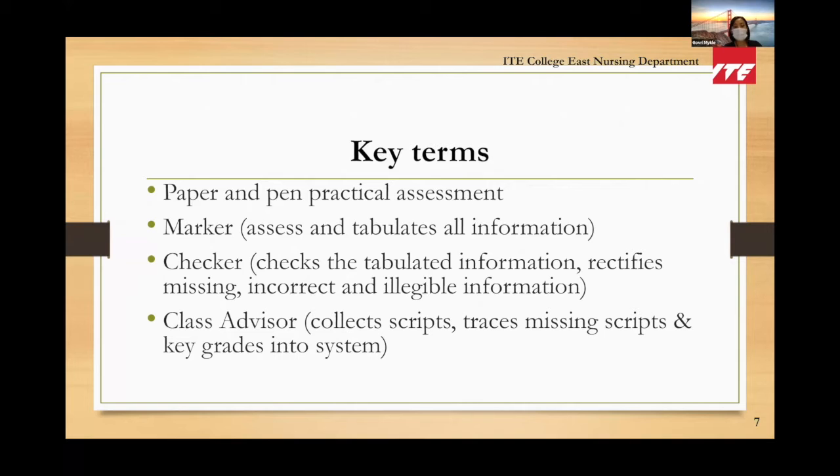Subsequently, the script is passed to the checker, who checks the tabulated information and rectifies any missing, incorrect, or illegible information. After that, the checker passes it to the class advisor, sometimes known as the form teacher, who collects all the scripts and also takes time to trace missing scripts. At the end, once she has all the scripts, she has to key the marks into the system itself.